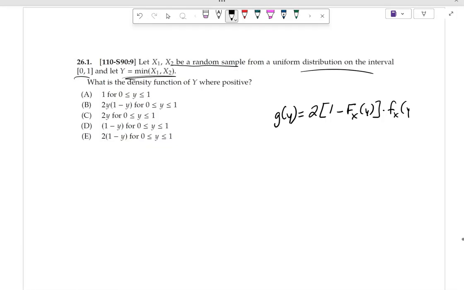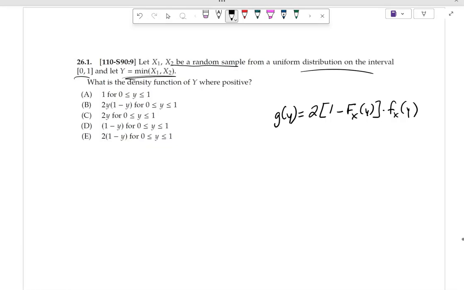And I'm just putting a sub x in there so that we know that I'm talking about the CDF and the PDF of x, right? Our n is 2 in this case, isn't it? It says the minimum of x1 and x2. So the formula we just had in the previous one, I'm just putting in n equals 2. So I have a 2 out in front and a 1 is my exponent.